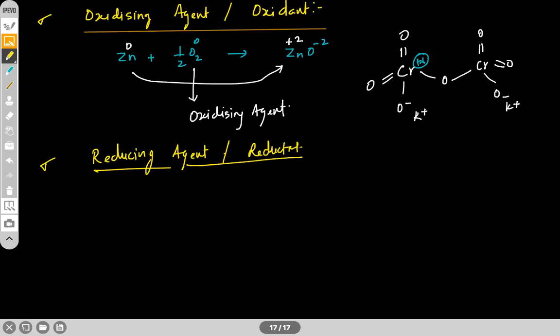These are the compounds which reduces others and get itself oxidized. Okay, like in this one, zinc is the reducing agent or reductant. Zinc is the reducing agent or reductant. Done?